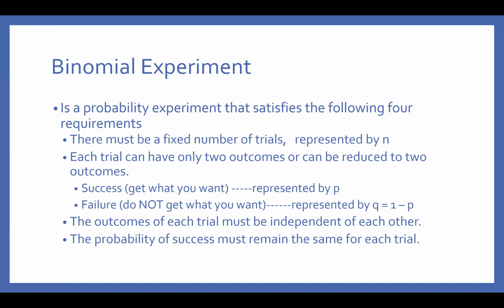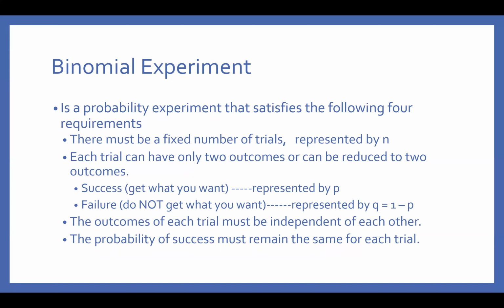To be a binomial experiment, which leads to the binomial probability distribution, there are 4 requirements. The first requirement is that you have a fixed number of trials. You're going to tell me we're going to flip that coin 20 times, or we're going to roll the die 50 times. You know how many times you're going to do it. Each trial can have only 2 outcomes or be reduced to 2 outcomes.